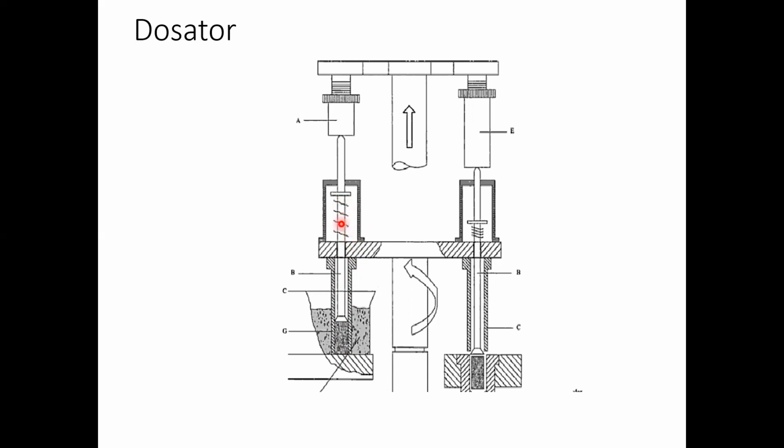This piston forms a variable volume inside this dosing tube. If the piston height is adjusted to a higher level like this, it will accommodate more of the powder inside. And if it is lowered, a lower volume will be occupied by the powder. So it's a variable volume chamber created by the piston inside this tube. The tube with the lower end open is immersed into this powder bed, which is a chamber that holds the powder.